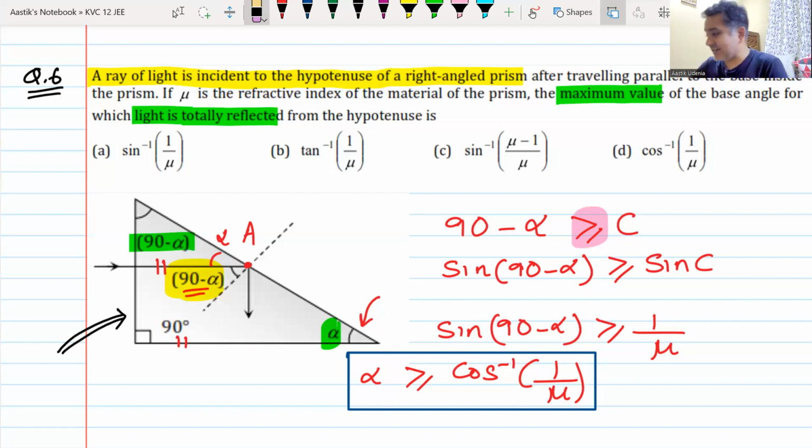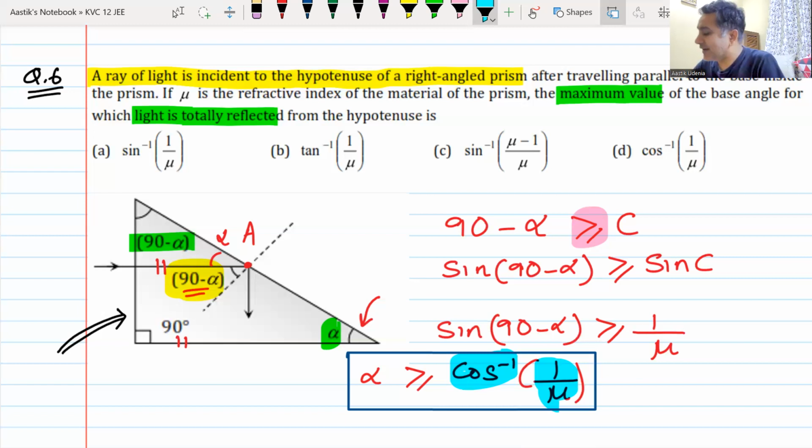Here, you must understand what happens with your cos inverse. If alpha is more, what happens with cos alpha? Is it less or more? Okay, do not convert. But you must be knowing when the angle is acute, if the angle alpha increases, the value of cos alpha decreases. Do we know this?